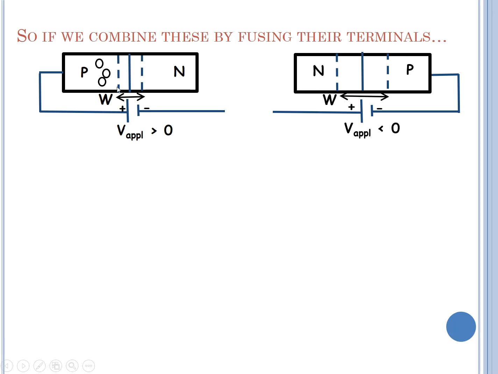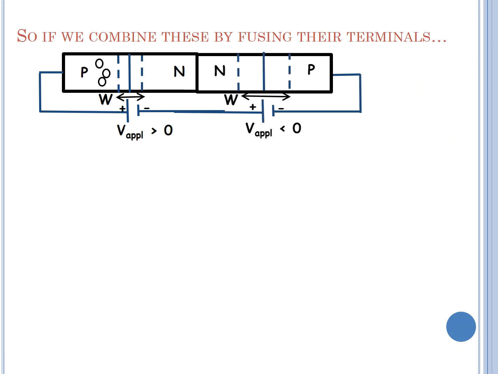If this junction is forward biased, then holes from the P side will move to the N side, the base, and at the other junction, the collector base junction, which is reverse biased, holes from the base will move to the P side.